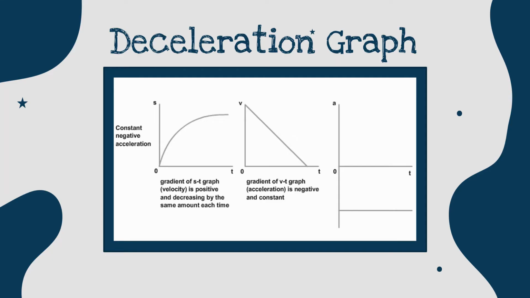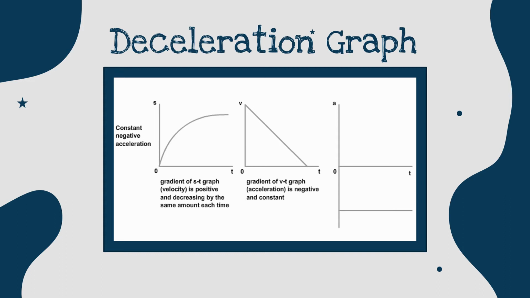Now for the next one, we will talk about deceleration. So deceleration is when the velocity or speed is decreased over time. When it is deceleration, the acceleration is negative. Okay, so we can see the graph in the picture. For distance over time, we can see its curve.